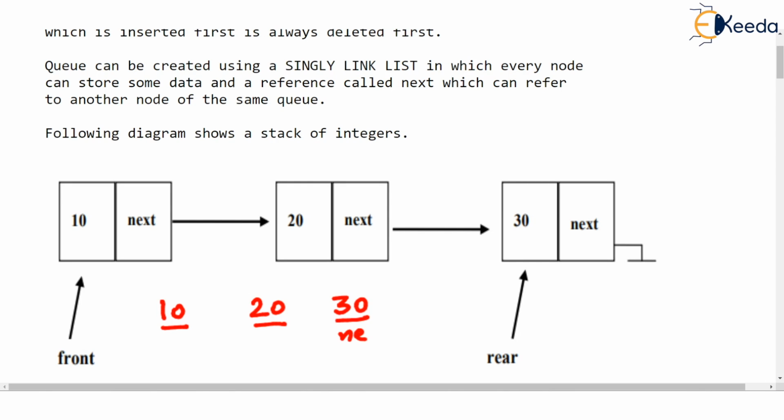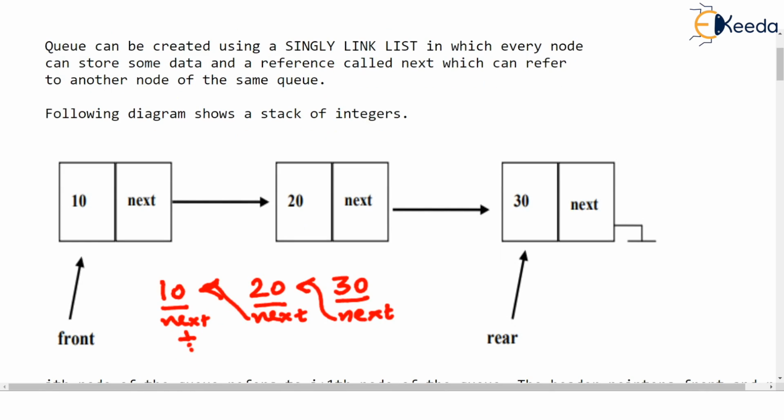Then the next pointer of 30 will point to 20. Next pointer of 20 will point to 10. And next pointer of 10 will be null. And in this stack, there will be only one pointer called top, which will always point to the last node that we have inserted, because the last node should become the topmost node.